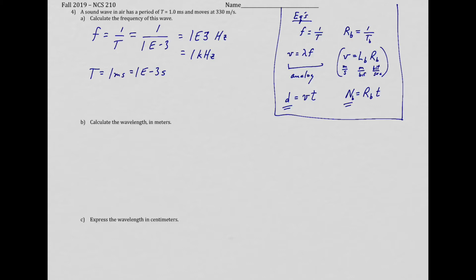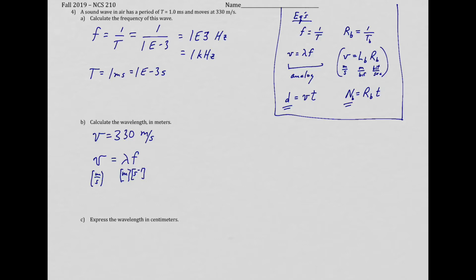Calculate the wavelength. We have the speed. Velocity is 330 meters per second. That's already in standard units. So I can write that the velocity is the wavelength times the frequency. Meters, inverse seconds, meters per second. Good, that works out.